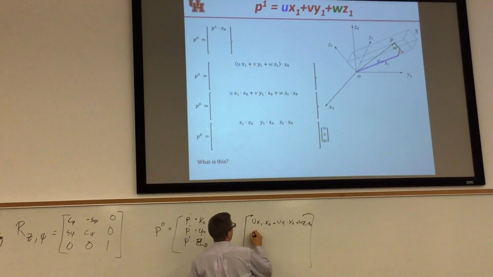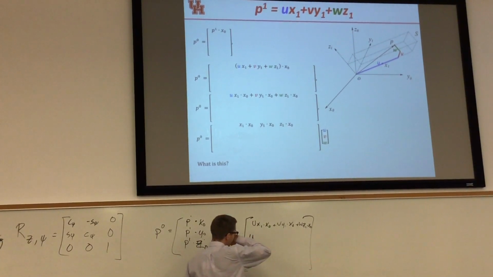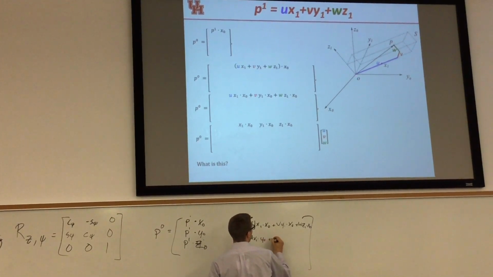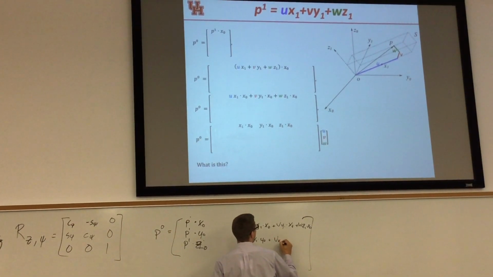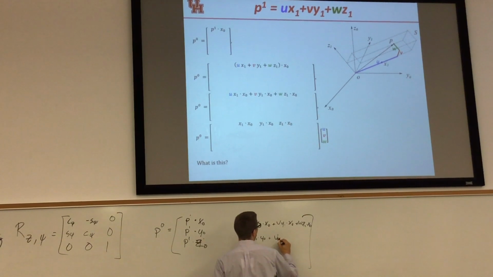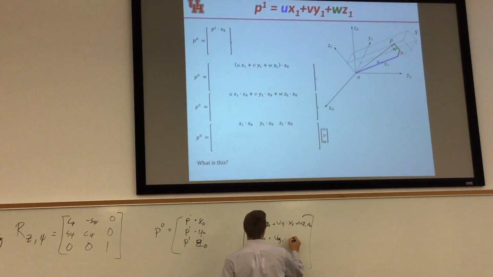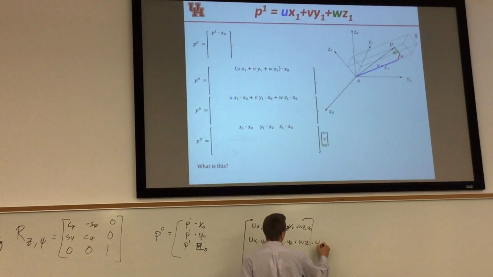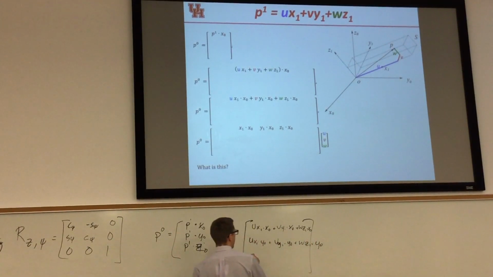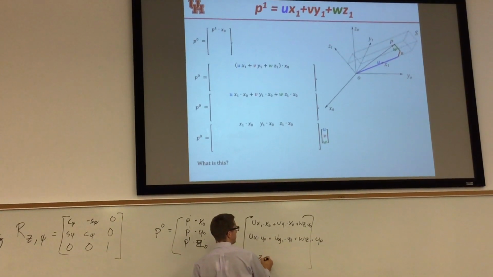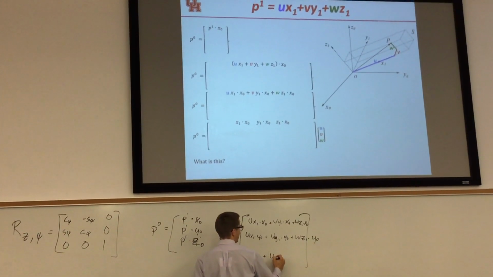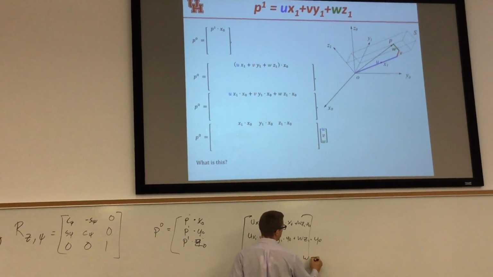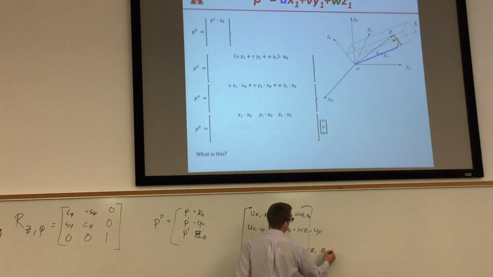But I also have u x1 dot y0 plus v y1 dot y0 plus w z1 dot y0. And I've got u x1 dot z0 plus v y1 dot z0 plus w z1 dot z0.